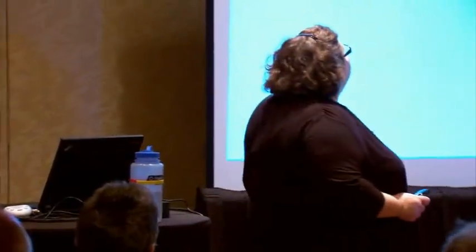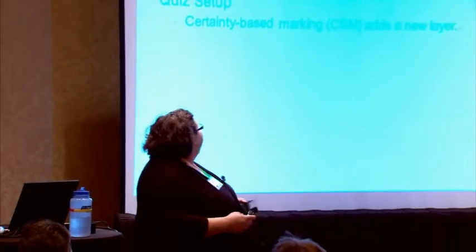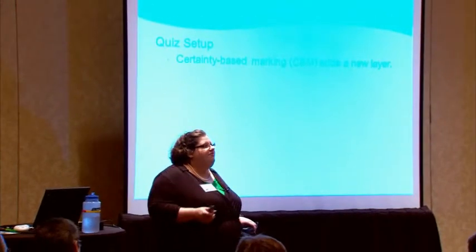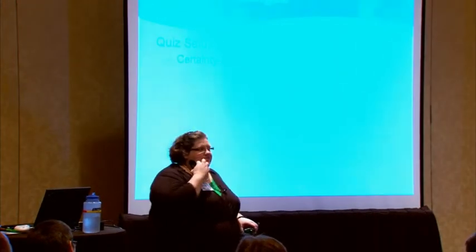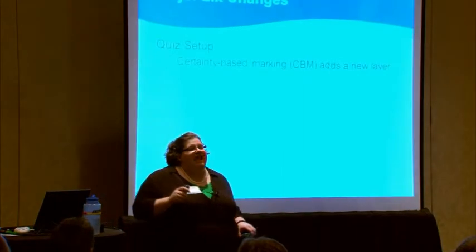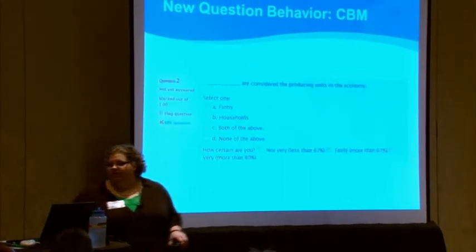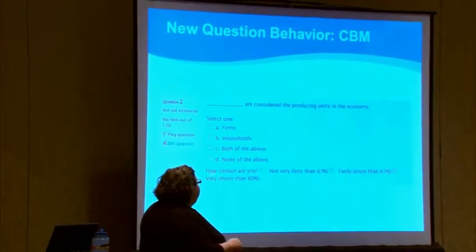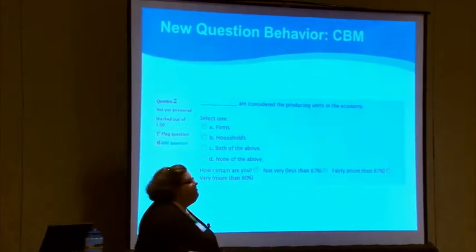One of the first changes in Moodle 2 is a big one, something called certainty-based marking. Anybody heard of this before? Basically, it asks a student to decide how certain they are when answering a question.